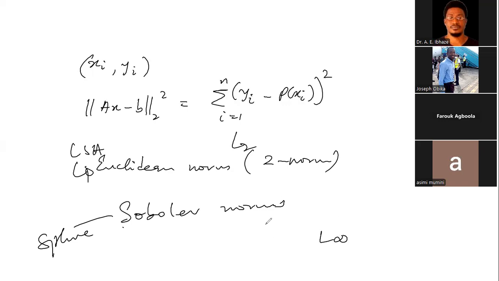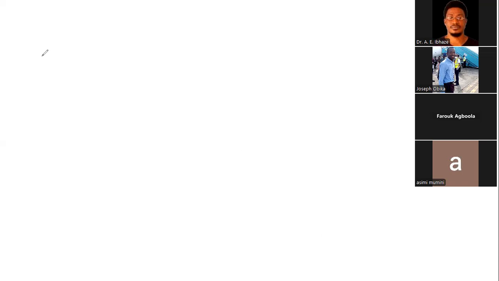Okay, so one thing I also wanted to point out here is that while norms themselves are not approximation techniques, they are fundamental tools in many approximation methods for measuring and minimizing errors. So then what is a norm? Let us provide a formal definition for norm.